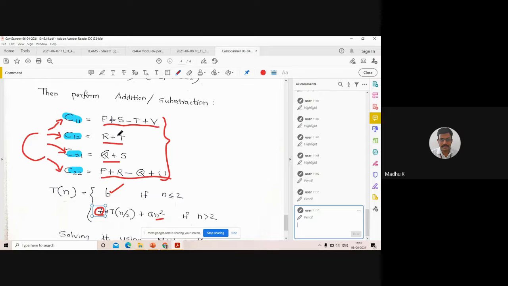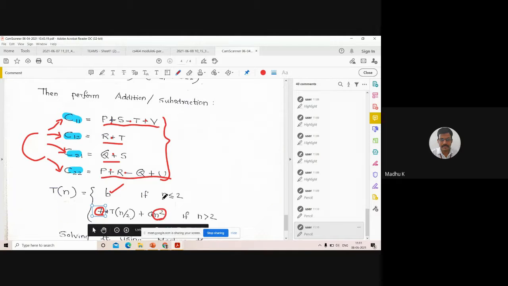You can note here C11, C12 are obtained by plus, minus, plus, plus, plus, plus, minus, plus. Only matrix addition or subtraction is used. So whatever addition or subtraction, it will take n square time only. In that way, the recurrence equation is formed.